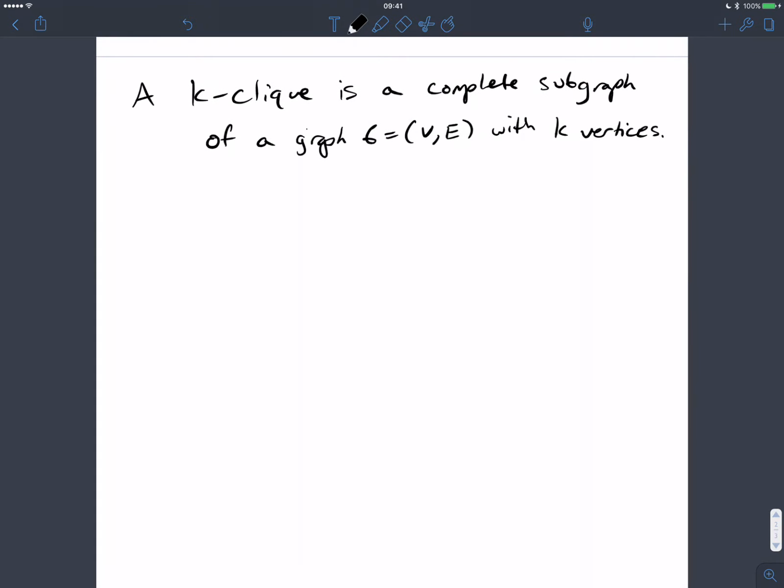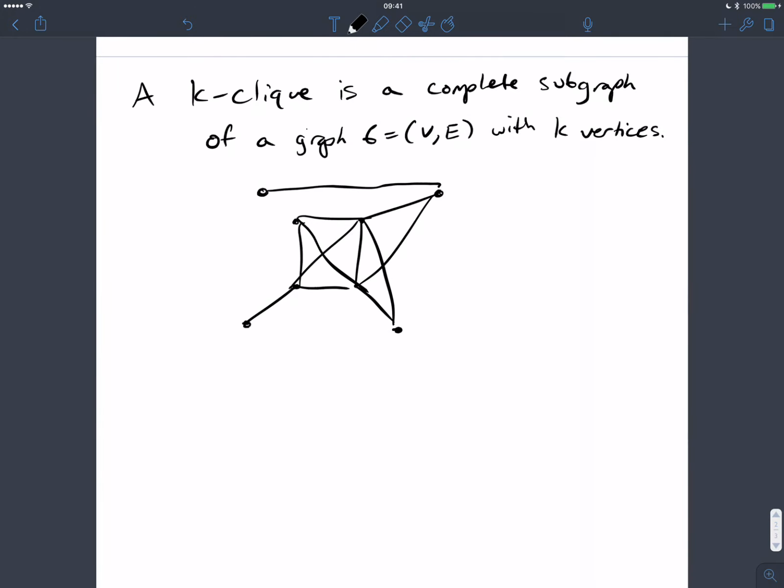So for example, if I have this complete subgraph right here, and then I may have some other vertices that may not have anything to do with that clique.